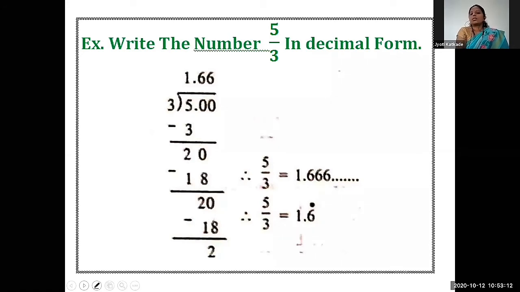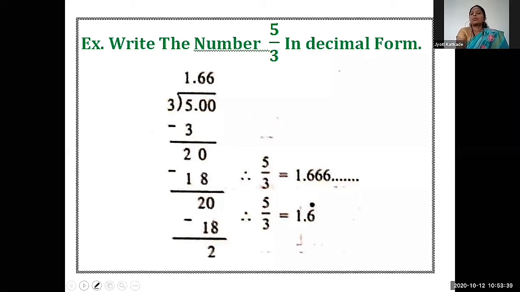Now 20 is not in the table of 3, so take the smaller or nearest value to 20, that is 18. 3 sixes are 18. Minus 18 from 20, we get 2. Now there is again 20, we get 3 sixes are 18. Again we minus 18 from 20, we get 2.